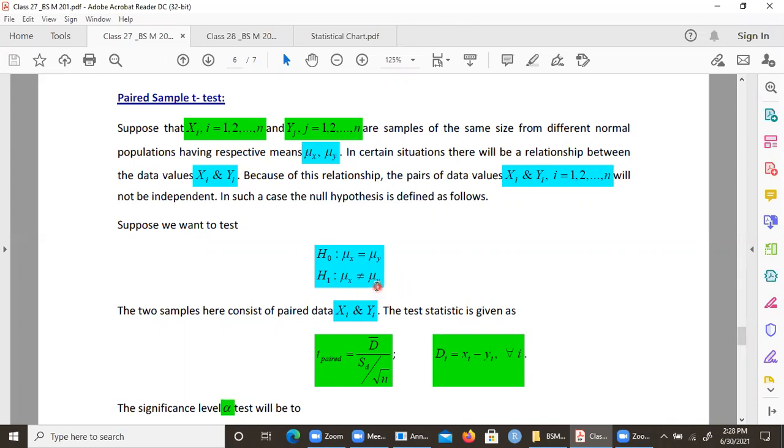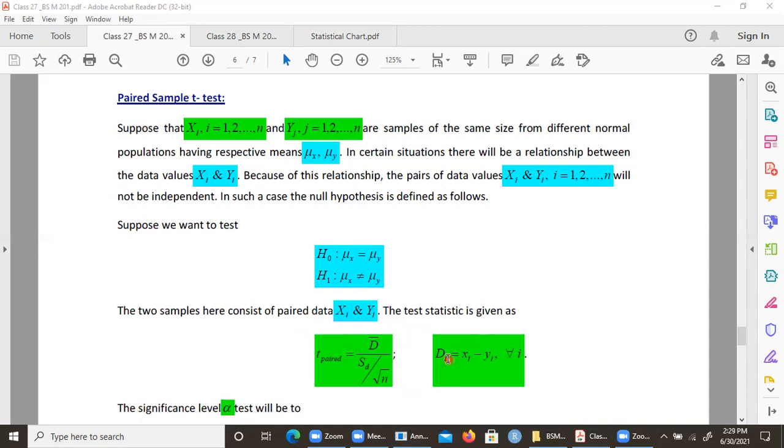The population of CSE students remains the same. I am pre-testing them and I am post-testing them. So such kind of testing will be different from the two-population test, and therefore it is called the paired sample t-test.